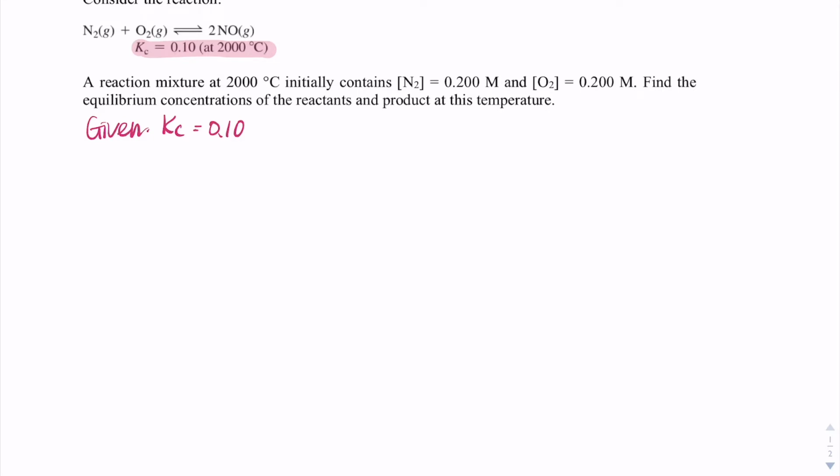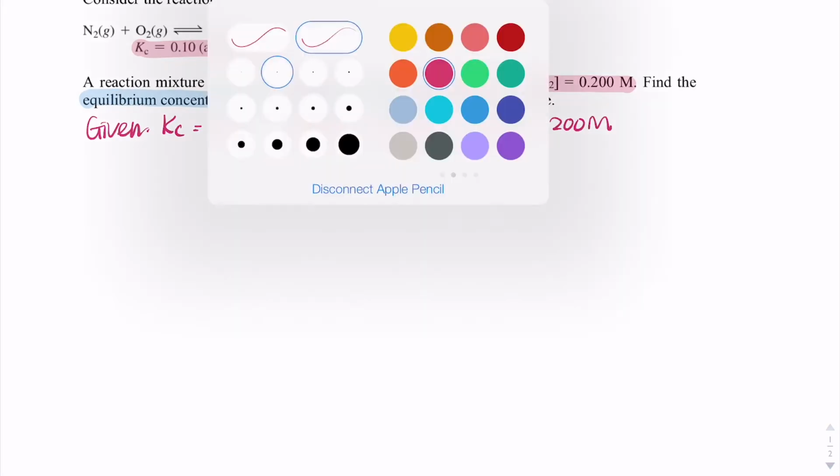Initially we have the two concentrations, so those two will be the initial concentrations. I'm going to use the lowercase i to represent it. So it's going to be 0.2, and the initial concentration for oxygen will be 0.2 as well. And then you're looking for the equilibrium concentrations of the reactants and the products.